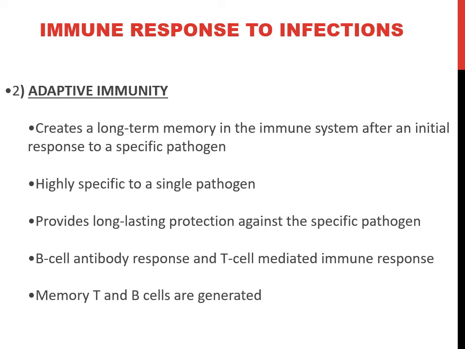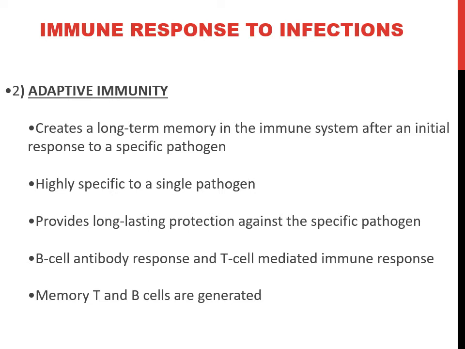For example, when you go for a tetanus shot, you're being injected with tetanus toxoid, which is the toxin that the tetanus bacteria secretes into your bloodstream and makes you very ill with tetanus.